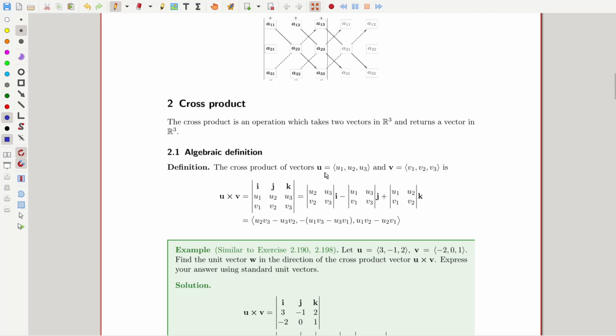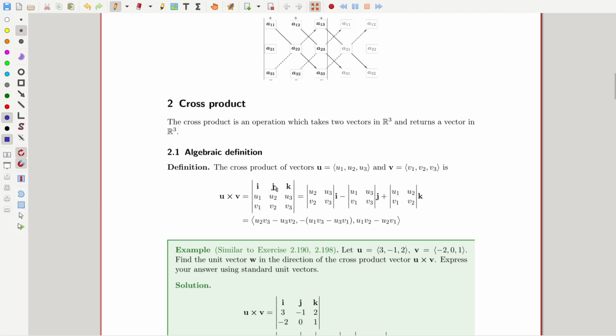If we're given two vectors, u and v, with the standard way of spelling out the components, u1, u2, u3, v1, v2, v3, the cross product is defined by this determinant. The first row you populate with the symbols i, j, and k.